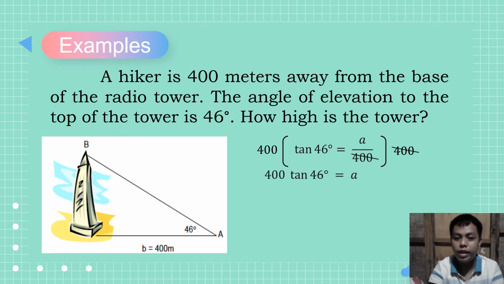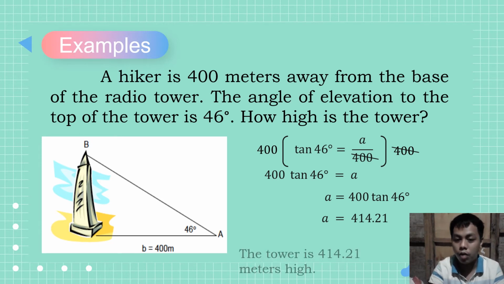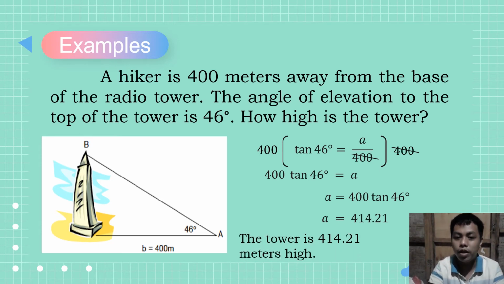So the result is 400 tan 46 degrees equals A. Or in other words, A is equal to 400 tan 46 degrees. Now we have the value of A, which is 414.21. How high is the tower? The tower is 414 and 21 hundredths meters high.